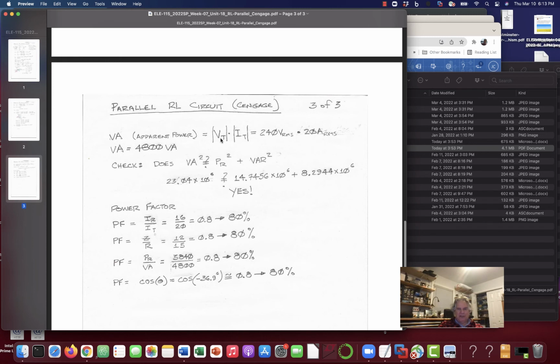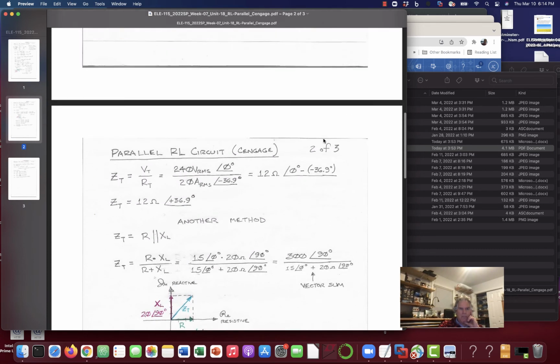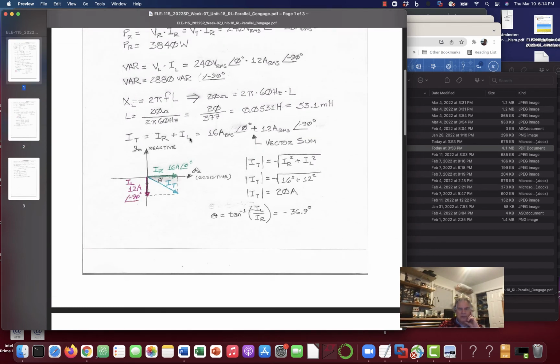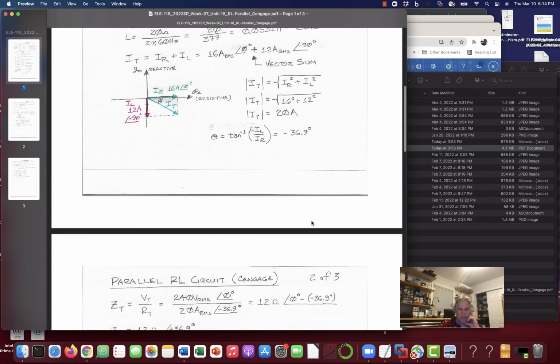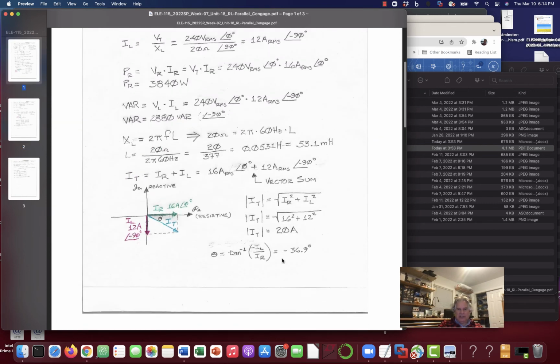So let's look at apparent power. Apparent power, you just multiply the magnitude of the total voltage times the magnitude of the total current. You don't even care about the phase angle. When you multiply 240 volts RMS by 20 amps RMS, because our total current, let's go back up here, our total current came out to be 20 amps at 36.9 degrees, but the magnitude of that current is 20 amps.